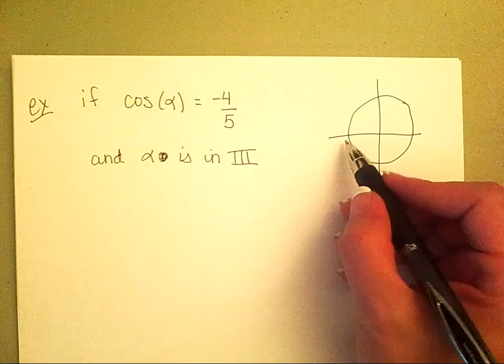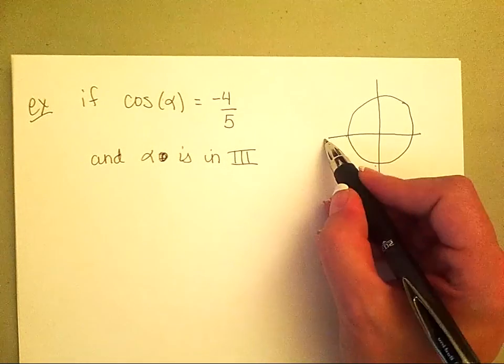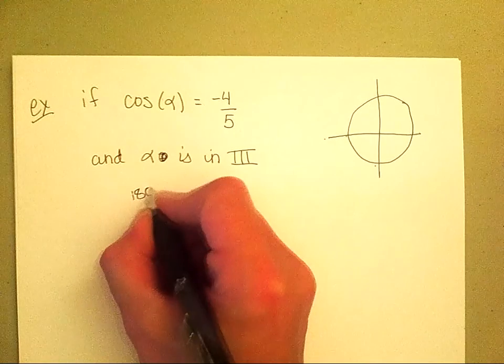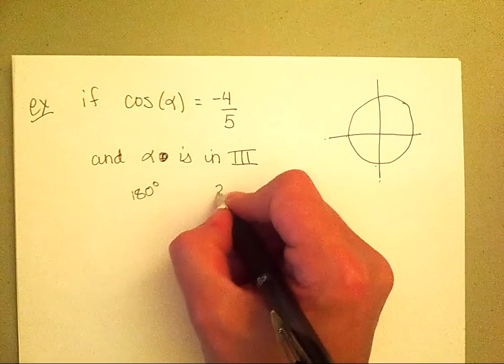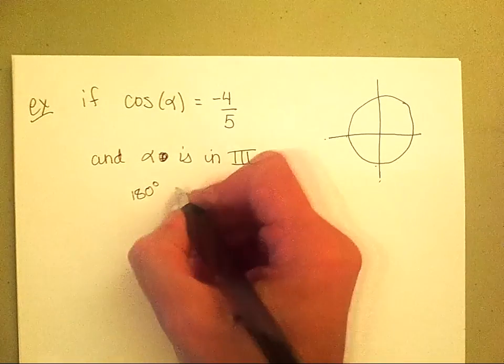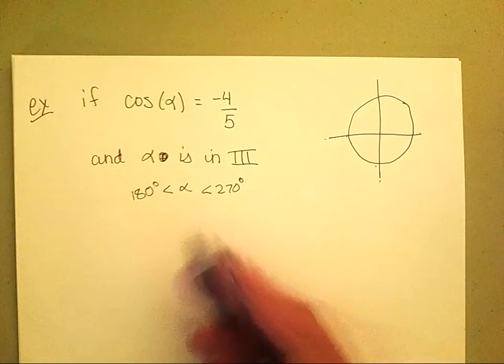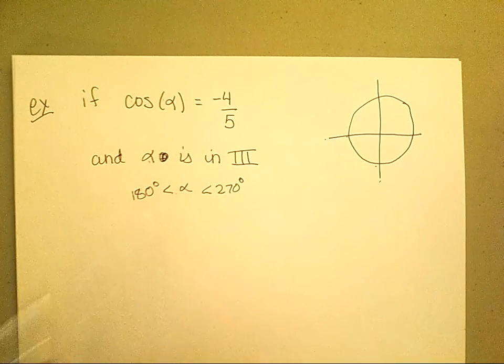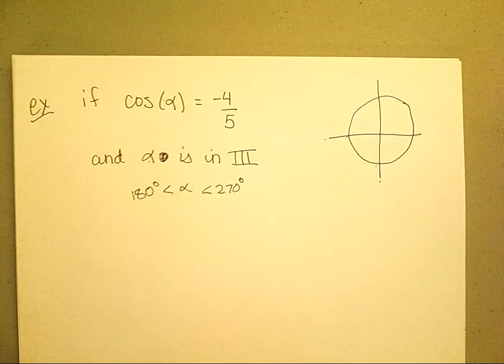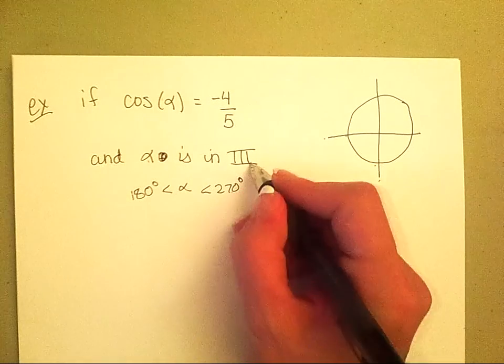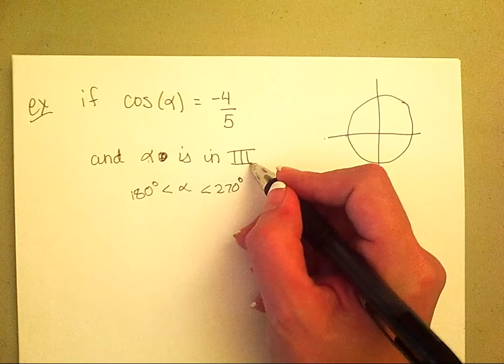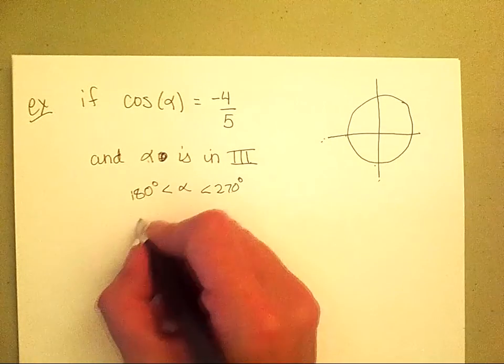Okay, let's think about another way we could say this as an aside. Well, if you're in quadrant 3, this is 180, and this is 270. So theta needs to be in, or not theta, alpha needs to be in there. If we do, that's another way of saying alpha's in 3.